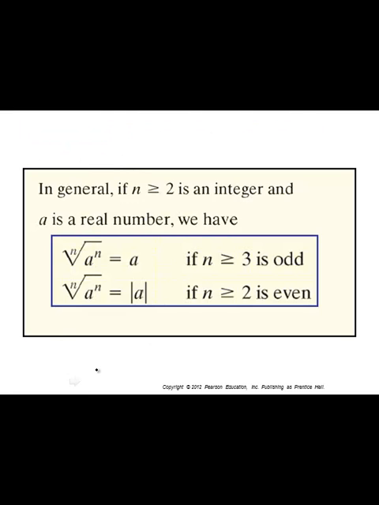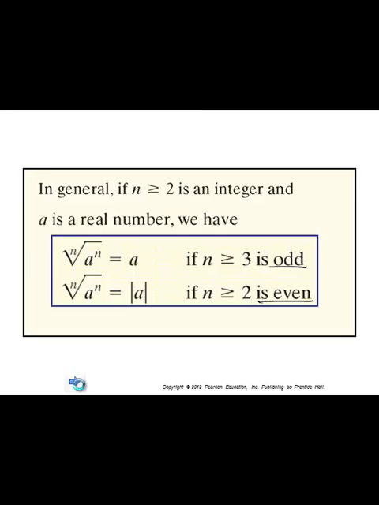All right, so generally speaking, the nth root of a to the n is a, provided that the index n is odd. But if you're taking even roots of even powers, and the power and root have the same index, then the result is the absolute value of a.